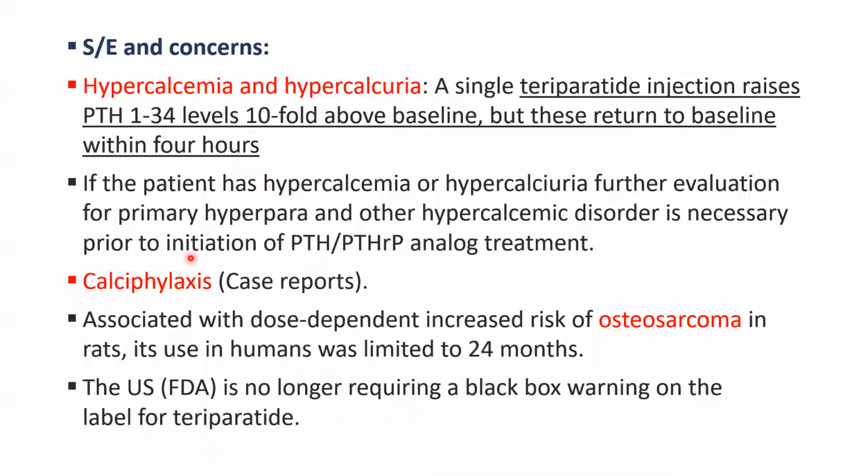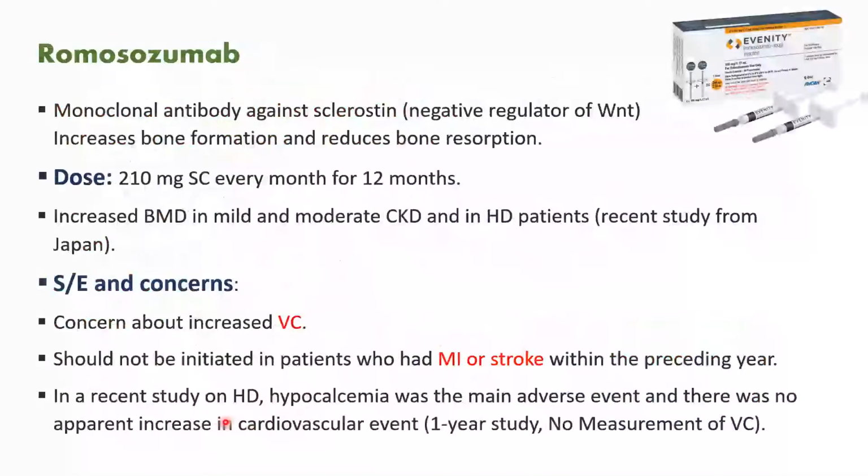We have the concern of calciphylaxis from some case reports, and a dose-dependent increased risk of osteosarcoma in rats. This concern limited the use of teriparatide and abaloparatide to 24 months only. But recently, in 2021, the FDA no longer requires a black box warning on the label for teriparatide about osteosarcoma.